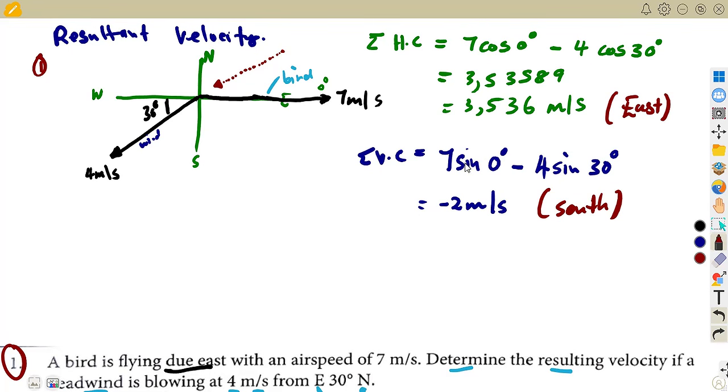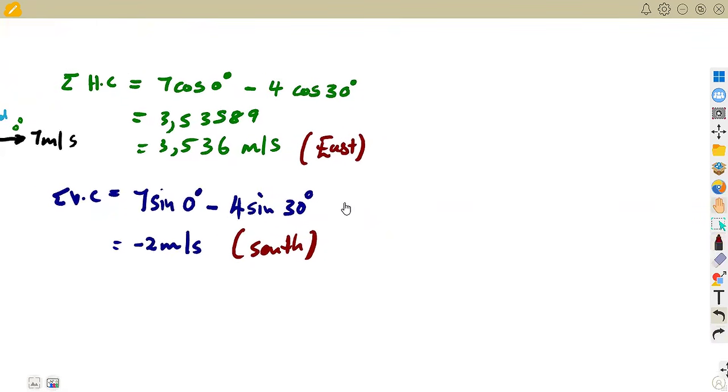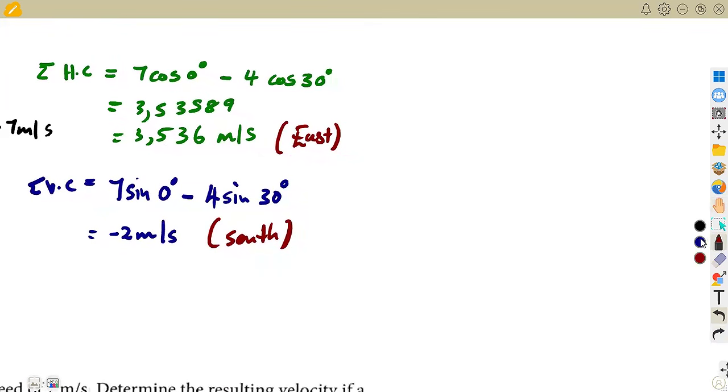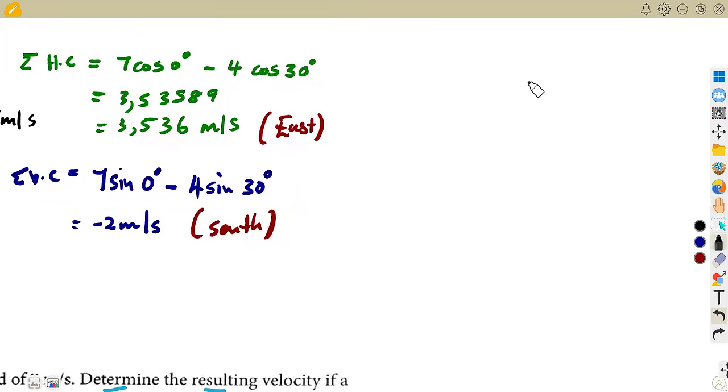After finding your horizontal components and the vertical components, what were you doing under forces? You were going to take this to the diagram that gives you the resultant force. This is the resultant velocity. So it's the same thing. We take our components to the diagram now, where we can see properly our horizontal and vertical. Where is horizontal? Positive. Or where are we having the east and the south?